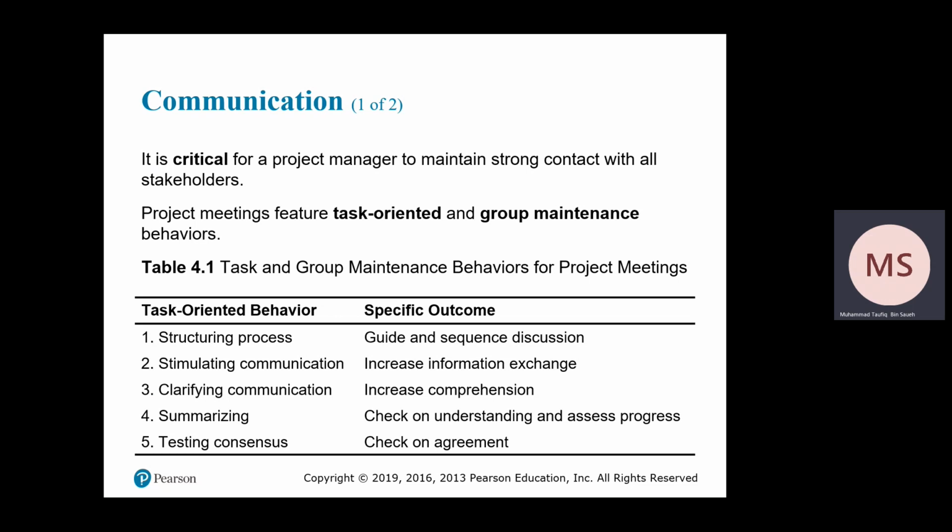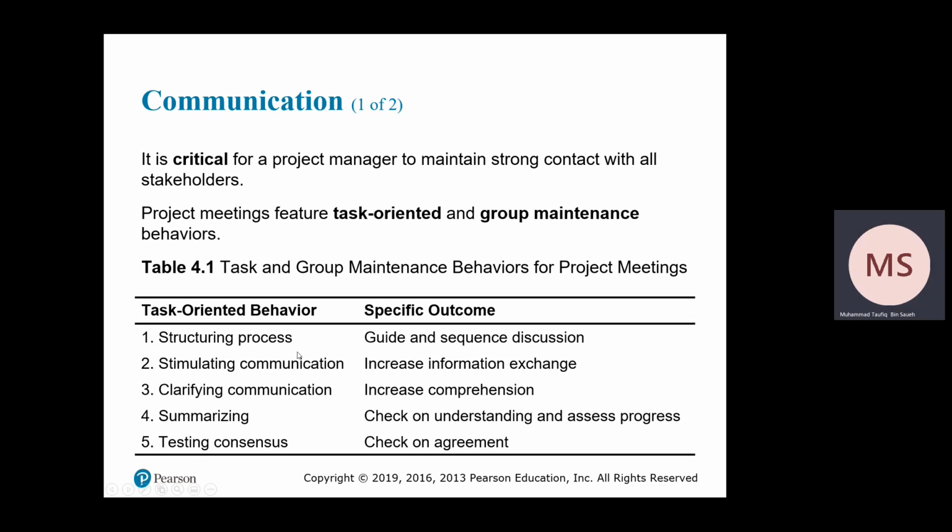You also will solve any conflict between parties. So you use a meeting in a project to give instruction, and at the same time to solve any issues in your project.